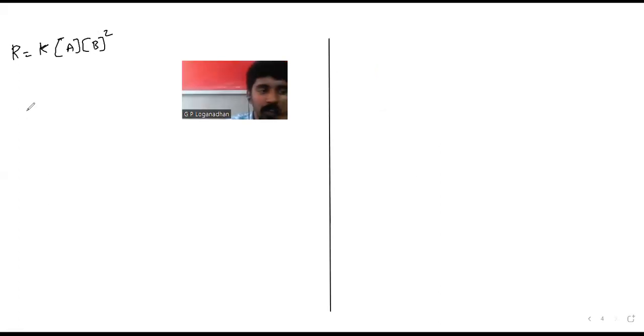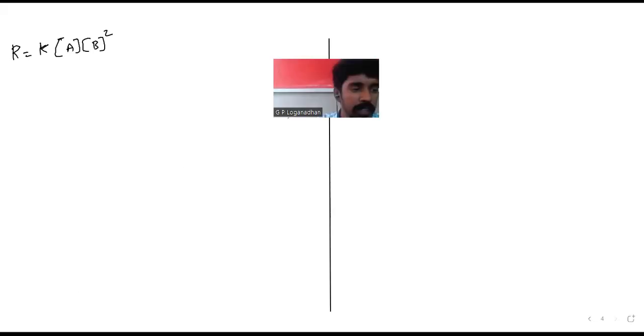Right. So where you have to find the rate of the reaction, when concentration of A is 0.1 mole liter inverse, concentration of B is 0.2 mole per liter. So substitute the values. K value is 2 into 10 power minus 6. Substitute the unit also so that it will be easy for you to find the unit.